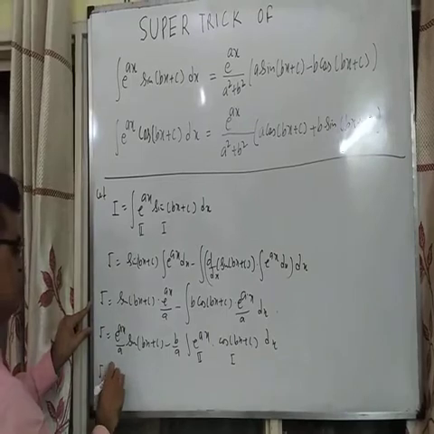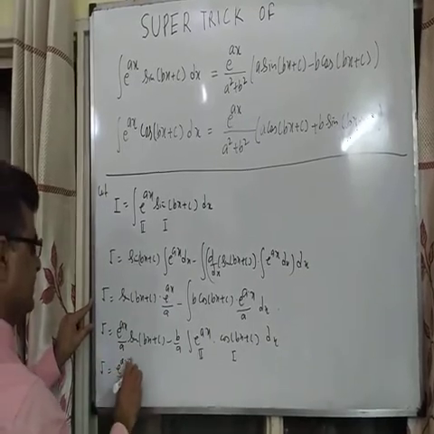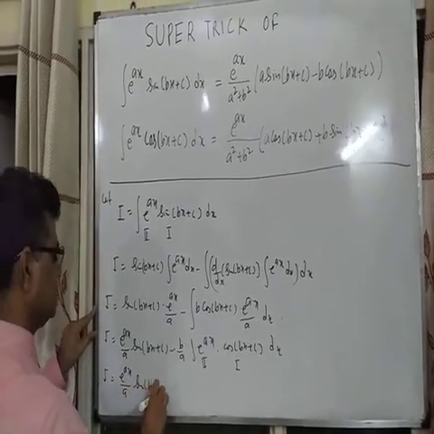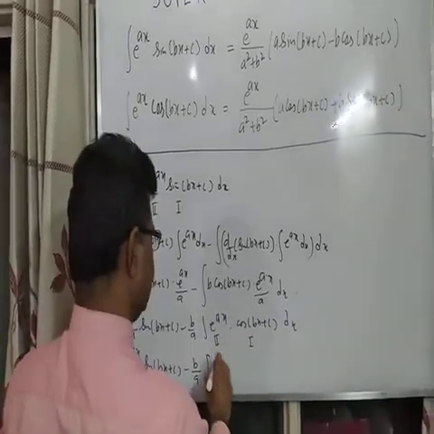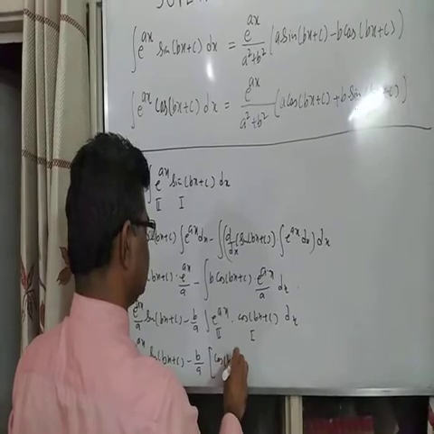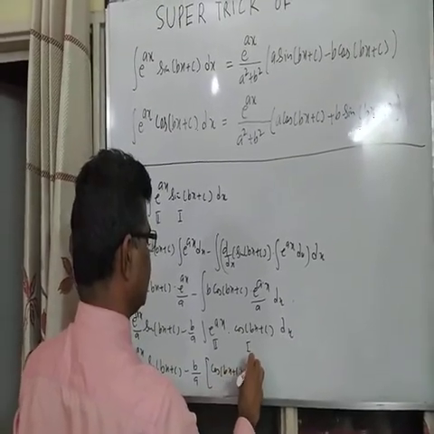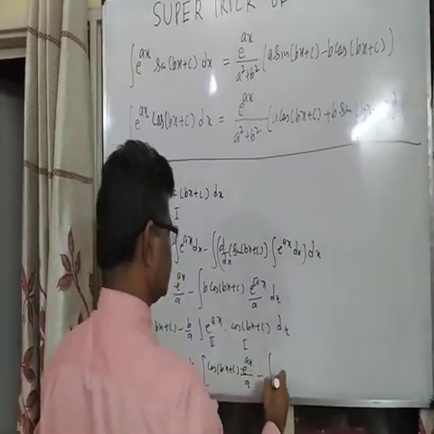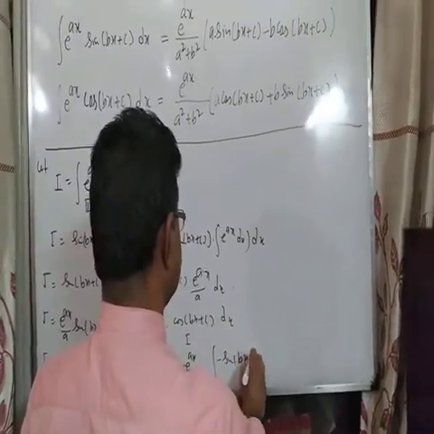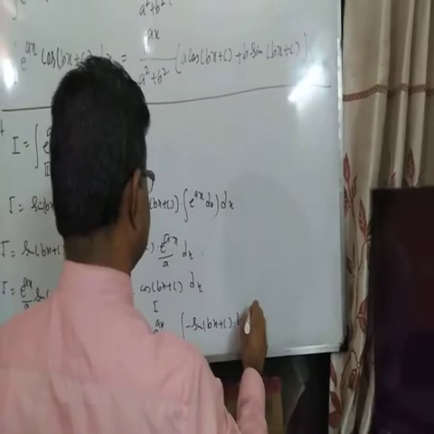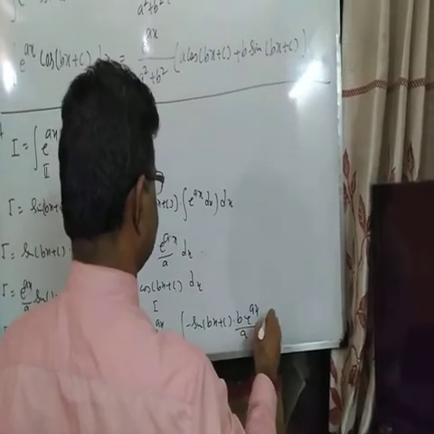So I is equal to e to the power ax upon a sin(bx plus c), minus b by a times cos(bx plus c) into e to the power ax upon a, minus the integral of minus sin(bx plus c) into b e to the power ax upon a dx.